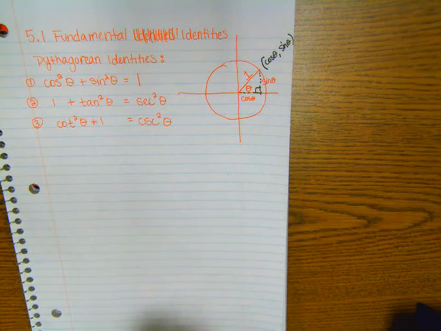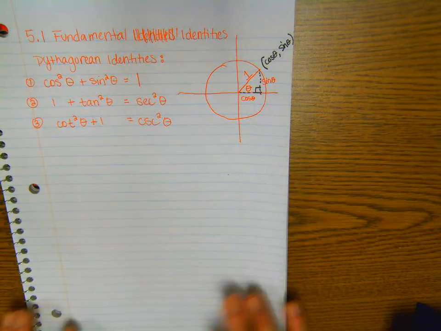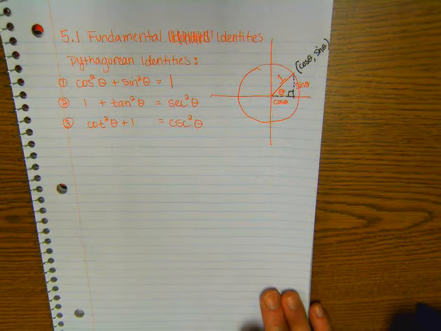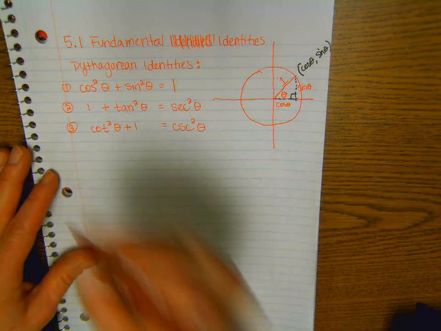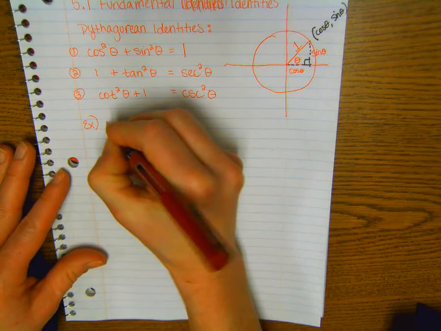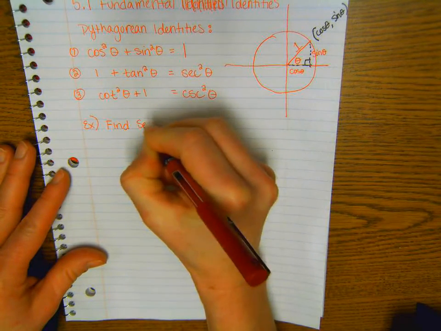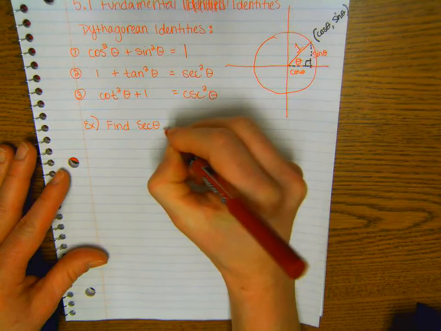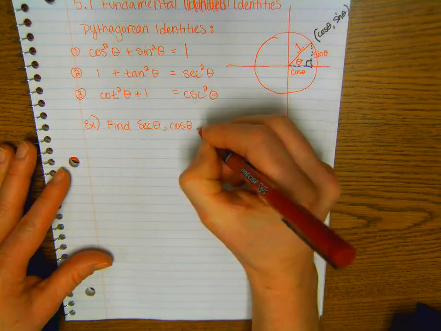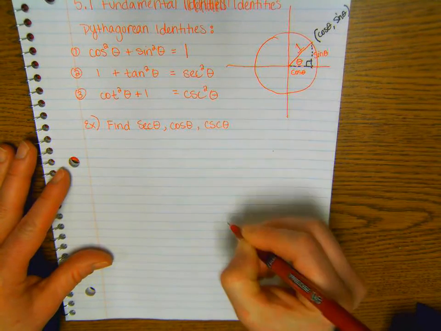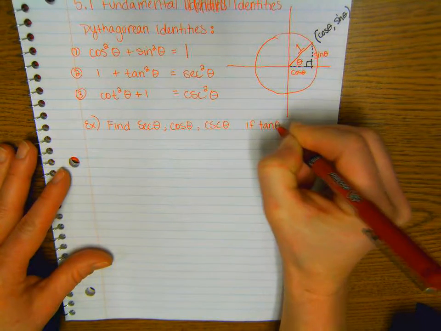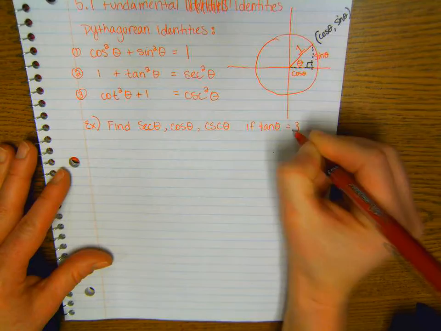Okay? All right, so let me show you an example of how we're going to use the Pythagorean identities and then the cofunction identities. So here's my example. We're going to find secant theta, cosine theta, cosecant theta, if tangent of theta equals 3.